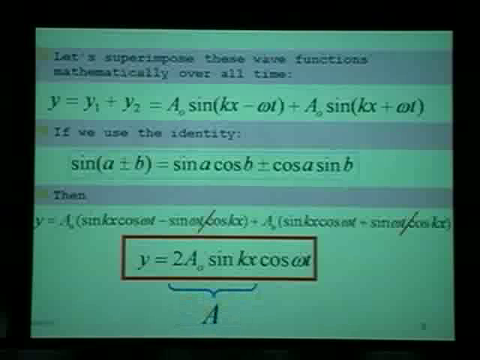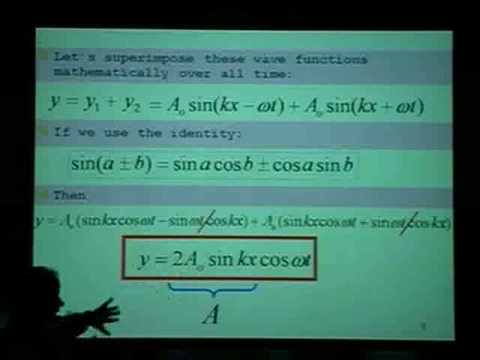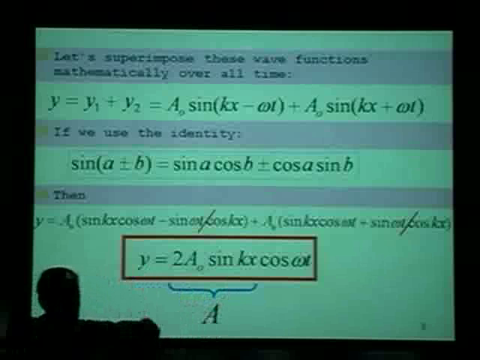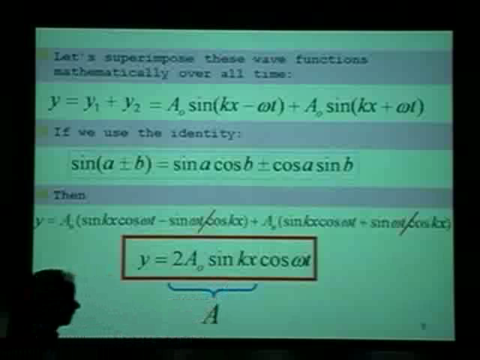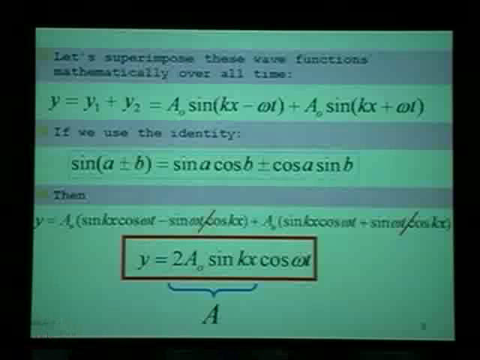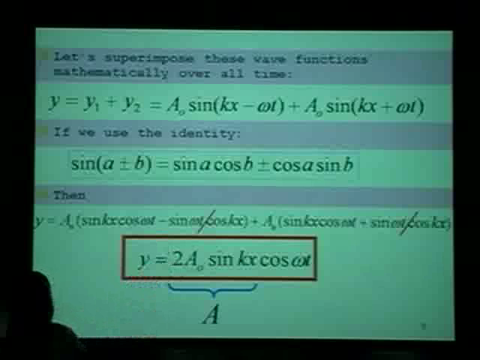Think of the first part, 2a naught sine kx, as the amplitude of this combined wave, and the frequency part as how the wave changes over time as it moves back and forth. It has an angular frequency equal to that of the individual waves. So it's still oscillating like the individual waves, but depending on what sine kx is, it can have an amplitude of twice as much.